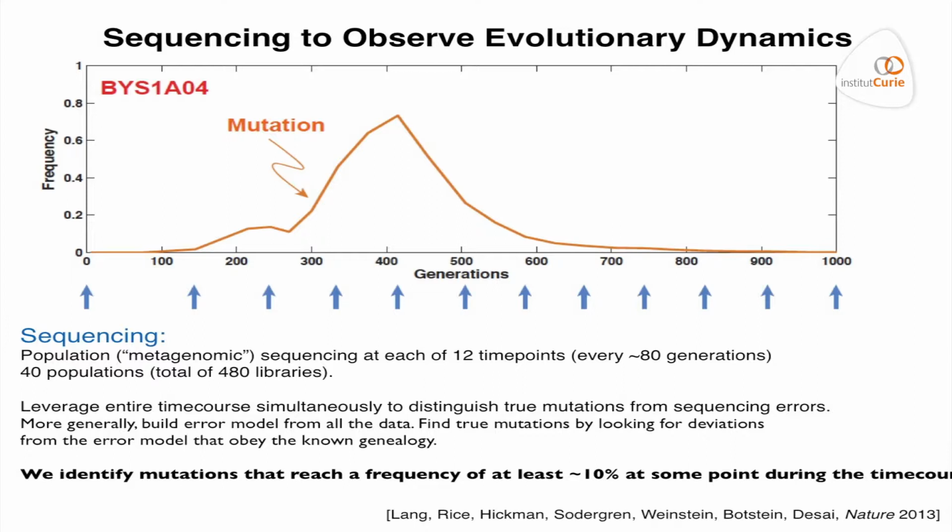The idea is, if you have some mutation at some location in the genome, it's at 40% of the population at this time point. So you grind it up and you sequence the whole thing, and 40% of your sequence data will say mutation there, 60% will say ancestral, and you'll figure out that the mutation was at 40%. And then you can track it through time just by looking at how that frequency changes.